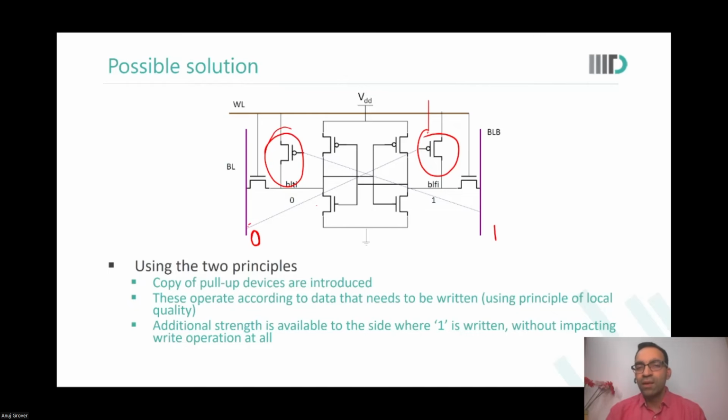Now, this might be Latin for many of you, but those who understand circuits will probably understand this. When I want to write a 0 here, this PMOS turns on, which improves the strength on this side, whereas this PMOS continues to remain off. So only when you needed it, there was additional strength available, and you also used the principle of copying to arrive at this new memory cell, which was also patented.